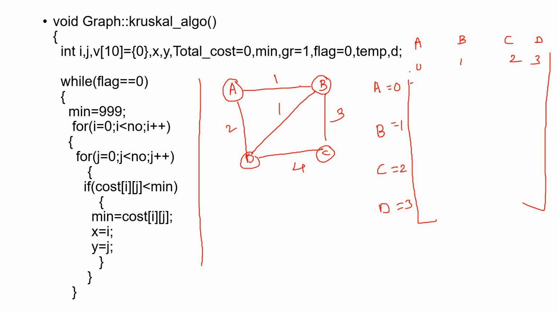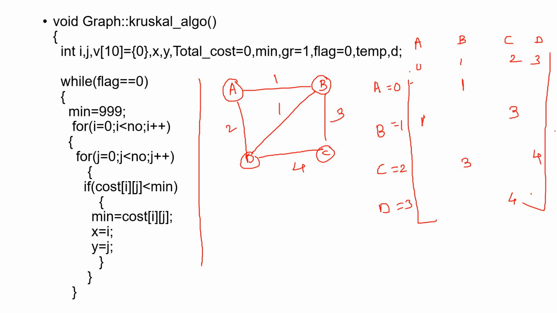So A to B there is a path, so the value is 1. A to B cost is 1. B to A cost is also 1. Next, B to C is 3. C to B cost is 3. Next, D to C is 4, and C to D is also 4.